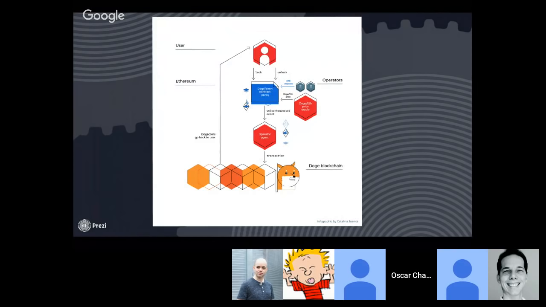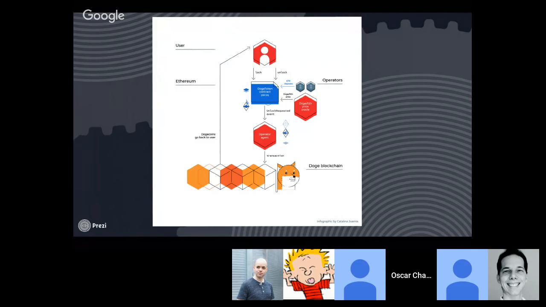The thing that makes this system decentralized is that anyone can become an operator. All that's needed is to add some Ether deposit on the smart contract. The Ether deposit acts as a guarantee or collateral, making sure that the operator won't run away with the Dogecoins she has in custody.